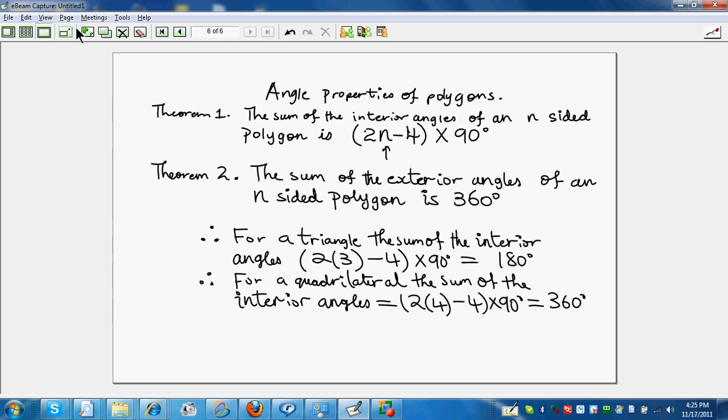Okay. So let us write it down so you'll have it there. So if they tell you in a heptagon, so and so is the case, you'll know what it is. Okay?